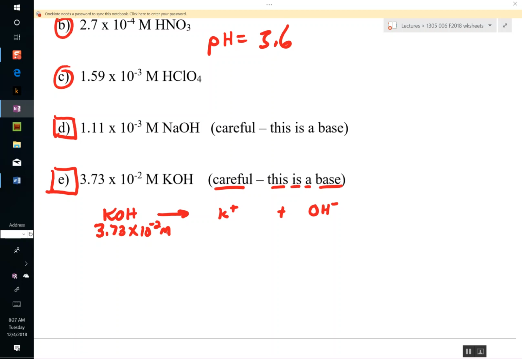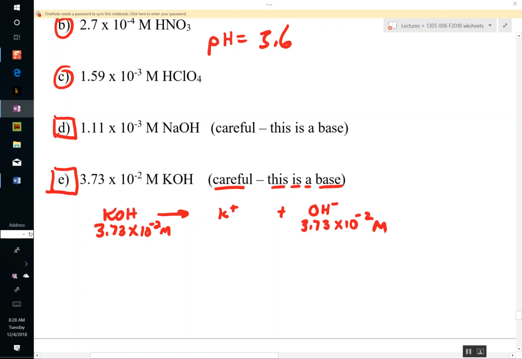So just like the strong acids, every one of these breaks up into one of these and one of these. There's none of this left in solution. It has all become potassium ions and hydroxide ions floating around in the solution. So we're going to get 3.73 times 10 to the minus 2 molar hydroxide ion.